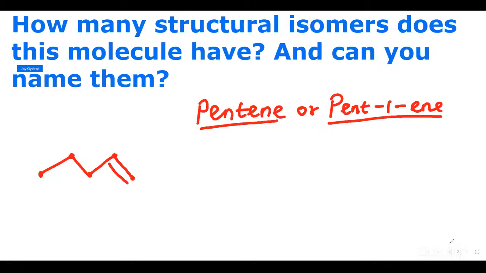Actually, apart from the positional isomers, let's do how many structural isomers, because there are also other possible structural isomers of this. There are a lot of structures that can have the same molecular formula as this particular one. So we're going to try all of them. How many structural formulas are possible for this one, and name them if you can. Let me know in the chat what you have as your answer.